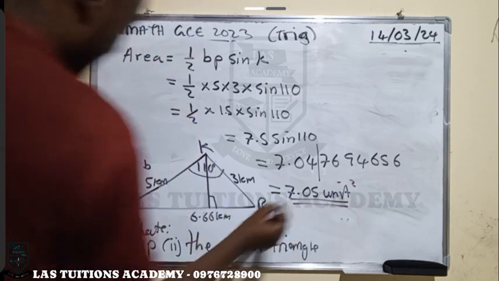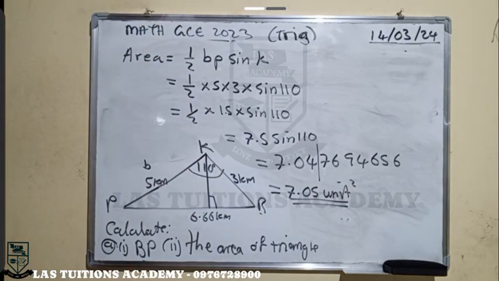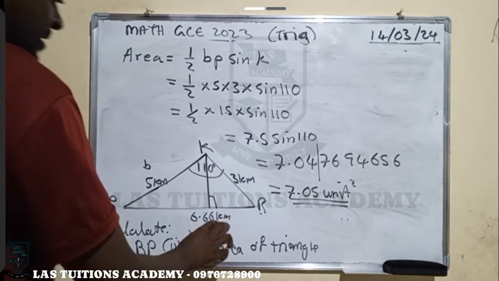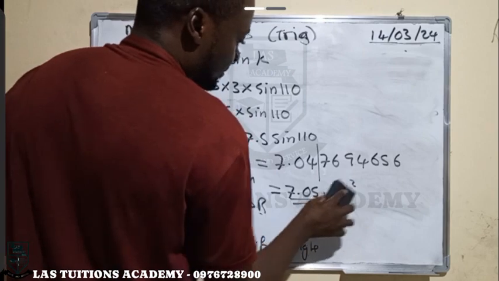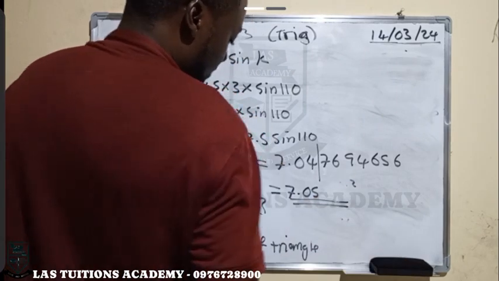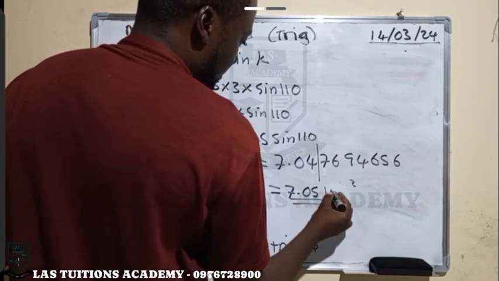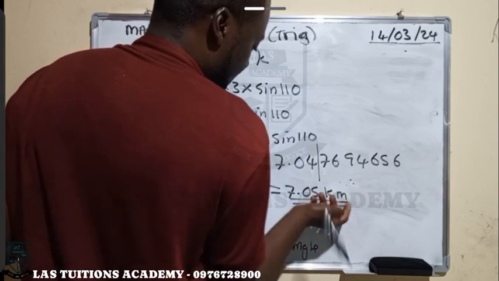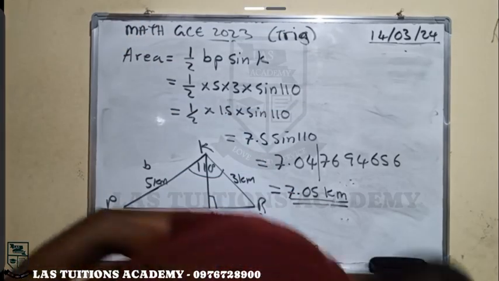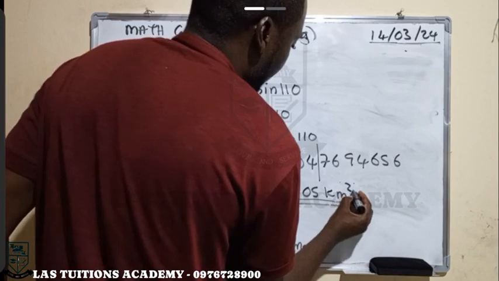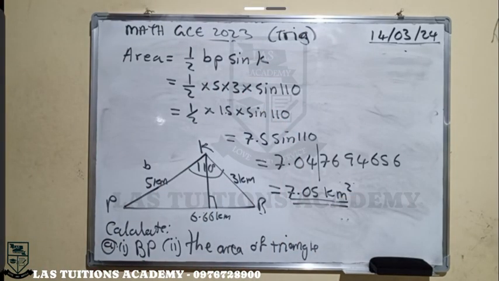These are kilometers, so we say kilometer squared. If you don't have units, you just say unit squared. So that's our area, kilometer squared. Any question on the area?